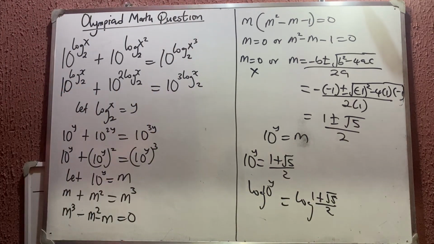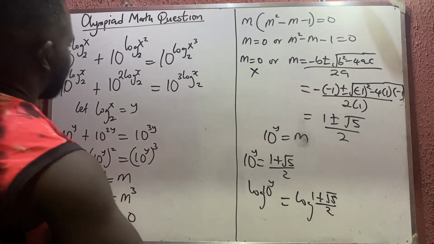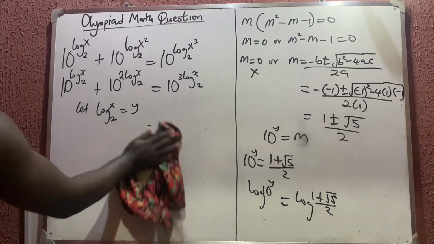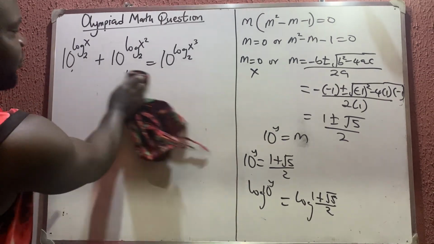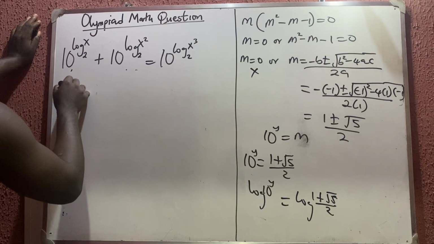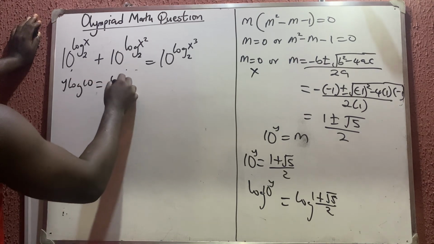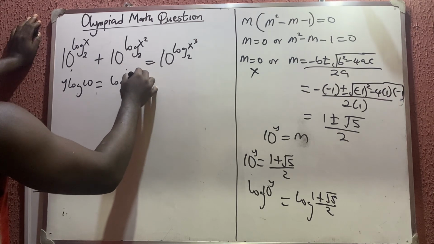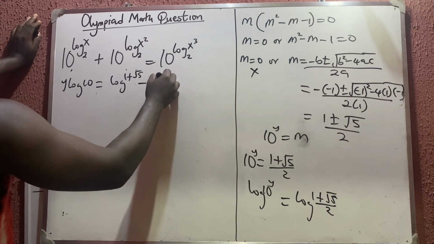Now this power can come to the back, so we have y log 10. Log x base 2 is 1... Now let us make y the subject. So y log 10 is equal to log of (1 plus root 5) over 2, which by the law of logarithms is log (1 plus root 5) minus log 2.